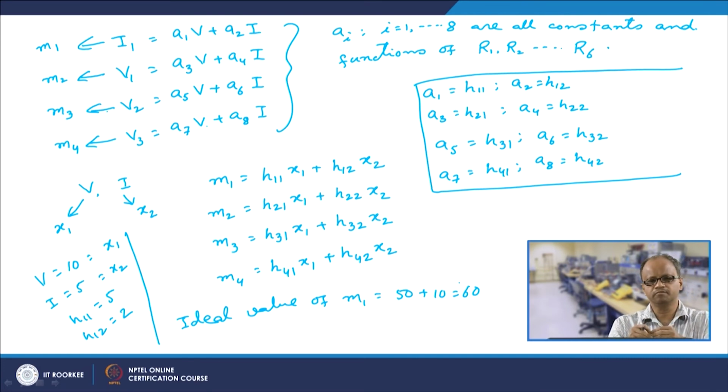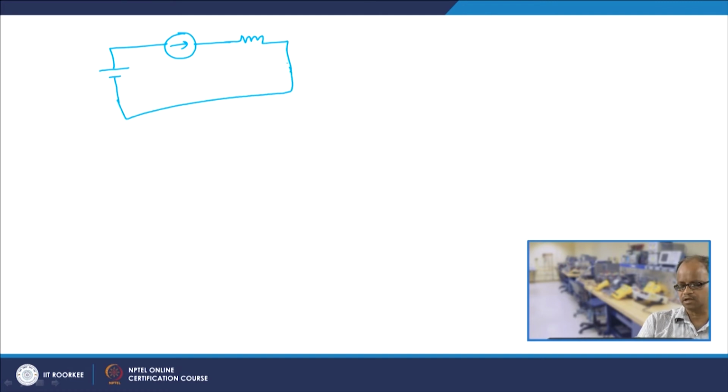If I take the measurement of the same quantity in a circuit by the same meter repeatedly, then the value we get from that meter is not the same every time. Suppose I have a very simple circuit, the kind of experiment you always do. I have put an ammeter here, and this is a resistance, with nothing else in it.